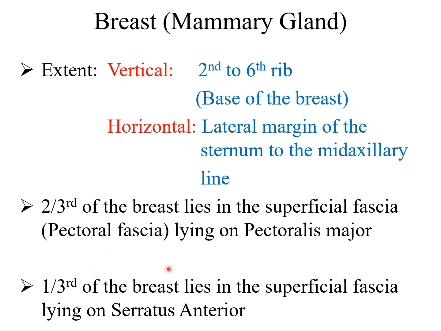And one-third of the breast lies on the fascia lying on the serratus anterior muscle. So basically, mainly two muscles provide the base to the breast, two-thirds the pectoralis major on the chest and one-third the serratus anterior. And a little bit of extension of the breast is also on the abdomen, that is external oblique, but it is a very little extension. Mainly it lies over pectoralis major and serratus anterior muscles.